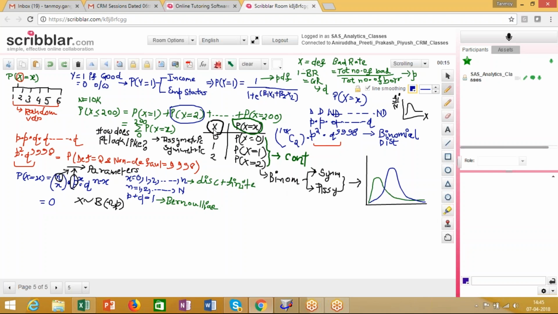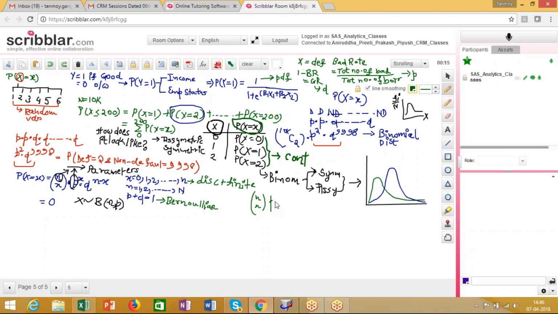Now, let us recollect how the function looks like.